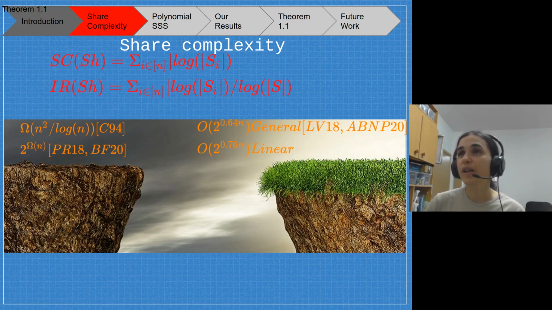Basically, they're counting all possible schemes with a certain share complexity. So that was known for a long time, and quite surprisingly, these bounds hold for all linear secret sharing schemes. That is, there are access structures which require that kind of rate for any linear scheme for arbitrary fields, no matter how large. There are quite interesting techniques involved here.